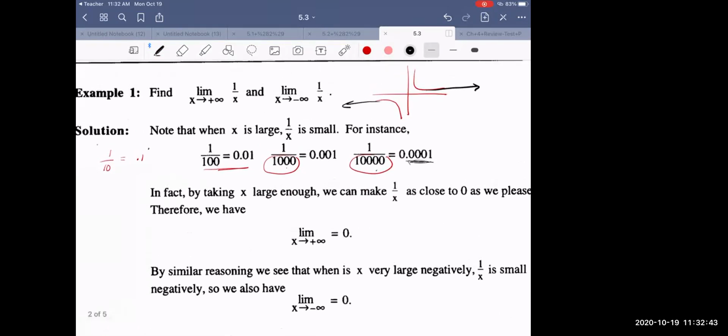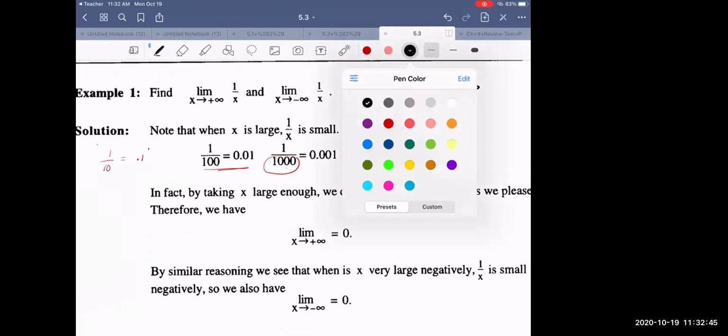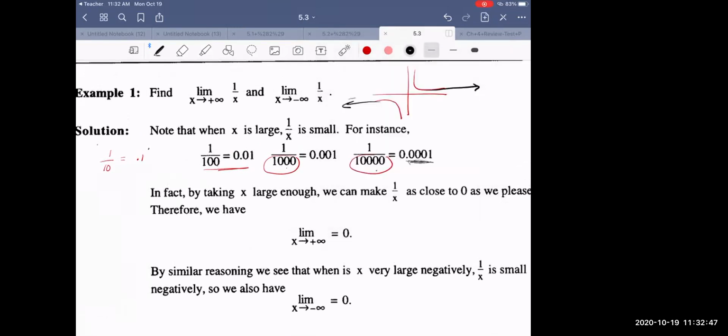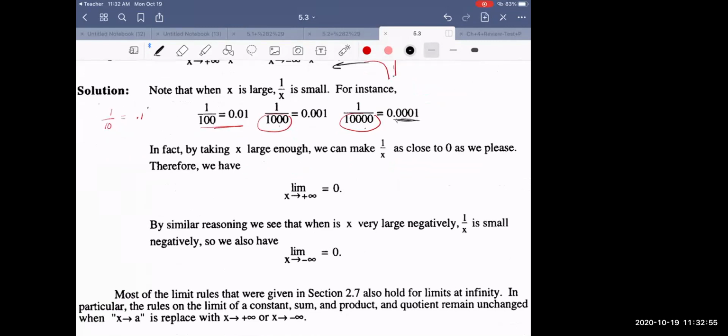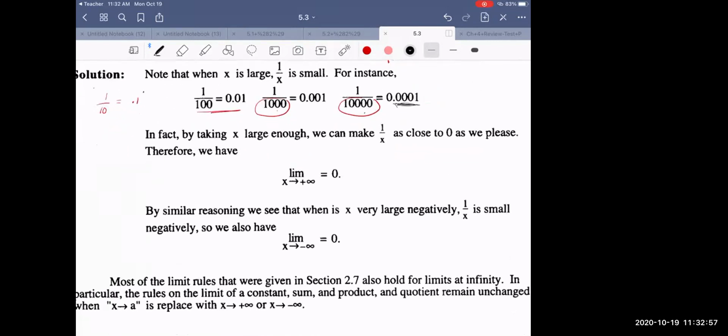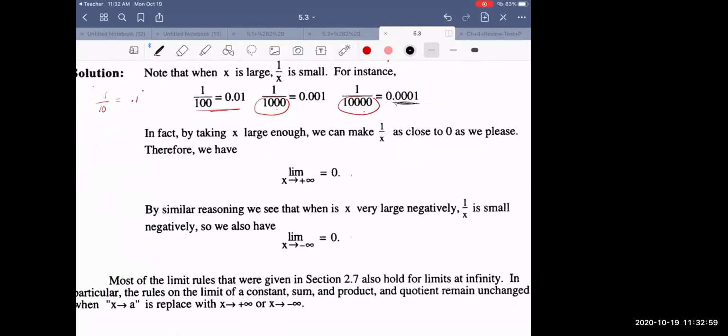And you know this because you have learned in the past that the x-axis is asymptotic. The x and y axes both are asymptotic for this particular function. So whether we go out to negative or positive infinity, we get a limit of 0. Is that okay?